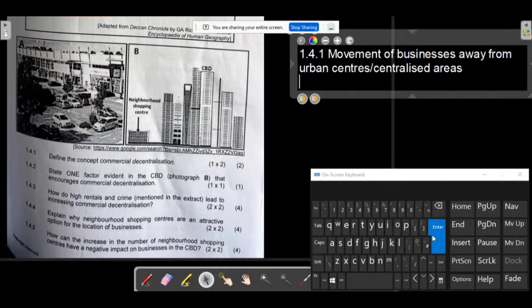So let's head on then to 1.4.2. It says state one factor evident in the CBD that encourages commercial decentralization. So what I see here is that you have these buildings that are very close to each other, and they are high-rise buildings.